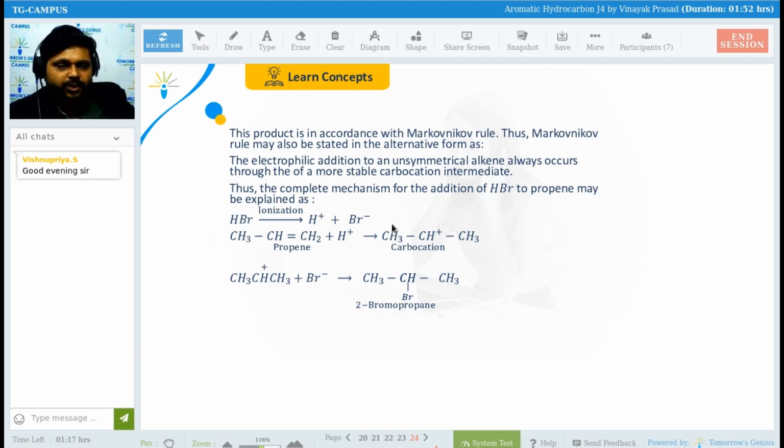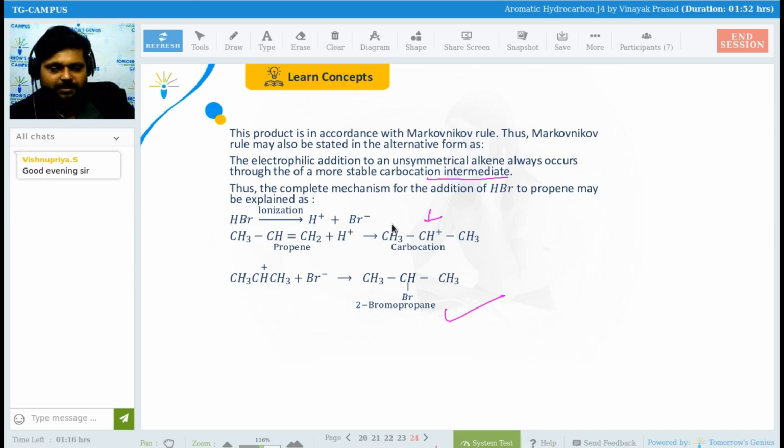Thus, the Markovnikov rule may also be stated in an alternative form: electrophilic addition to an unsymmetrical alkene always occurs through the more stable carbocation intermediate. So we have seen that this carbocation intermediate is more stable. 2 degree is more stable than 1 degree carbocation. That's why 2-bromopropane is formed. Clear?